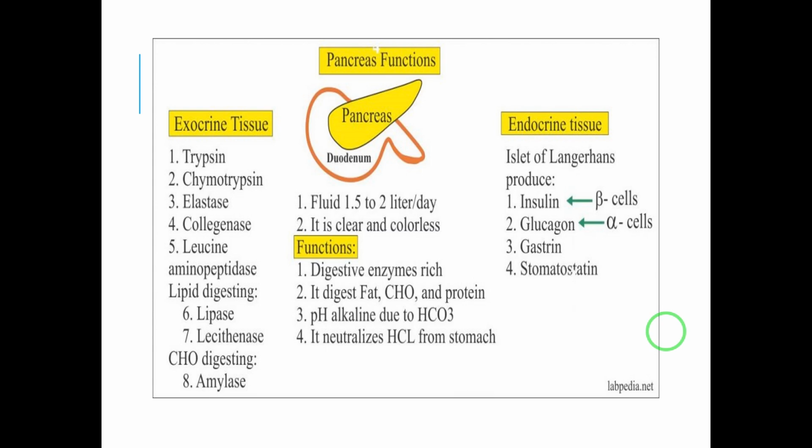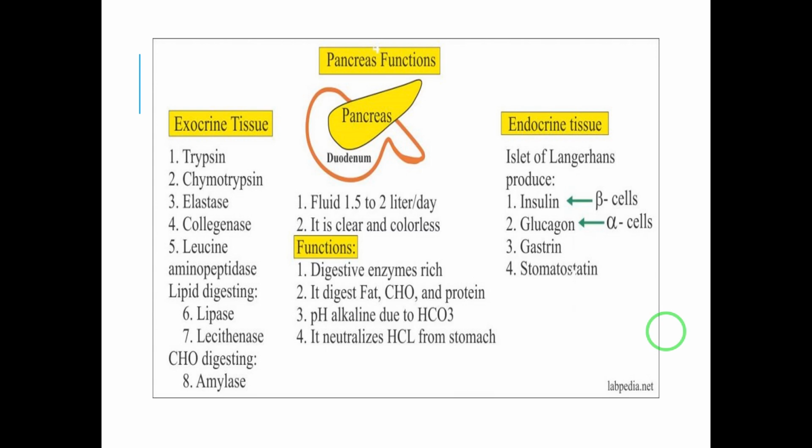All can digest protein, and they are called proteolytic enzymes, and this is the first class of the pancreatic enzymes. The other class is the lipid digesting enzymes. Examples of these, and the most important, are lipase, colipase, and lecithinase.